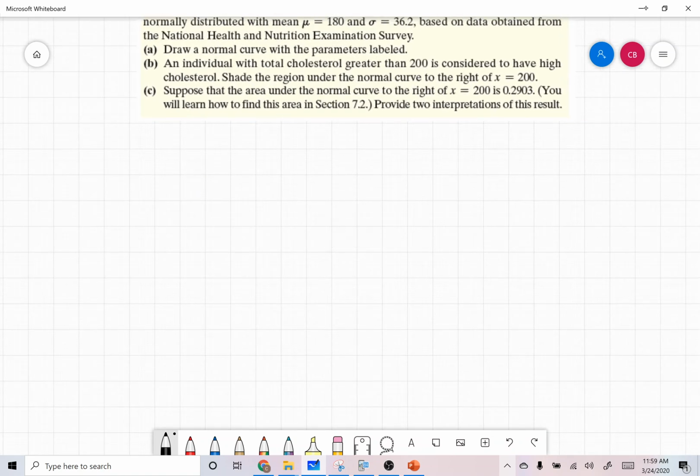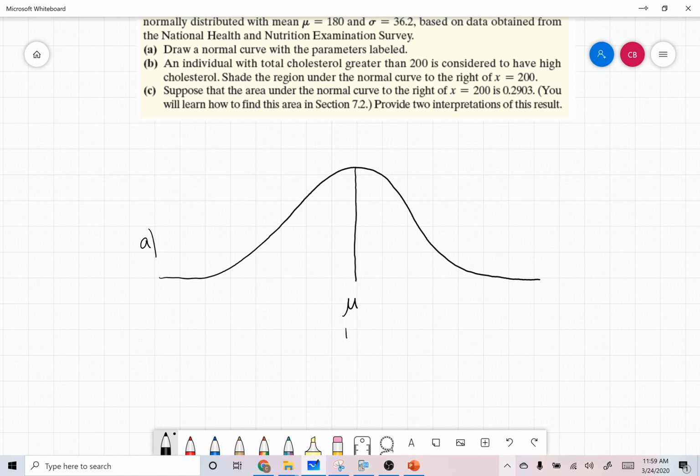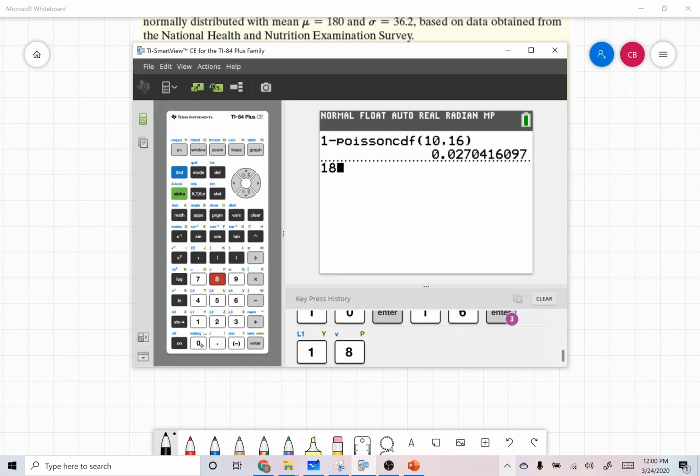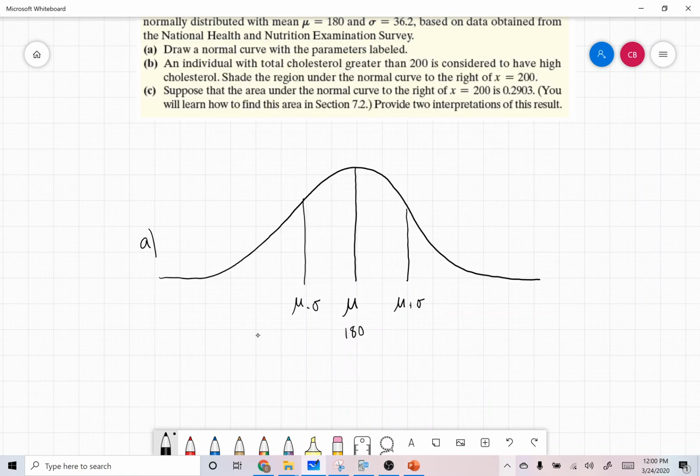So first things first, this is part A. We'll draw something that resembles this. Hopefully it's about symmetric. It might not be, but here's our mean, and this is 180. One standard deviation, we'll go 2. This is our mean plus sigma. This is our mean minus sigma. And we did do this on the first test, so if we do 180 plus 36.2, 216.2, so this is 216.2.